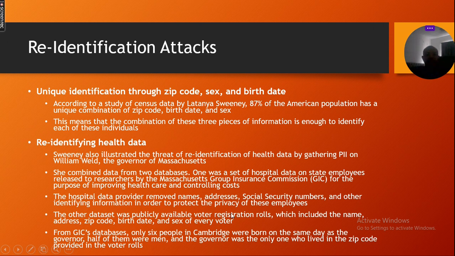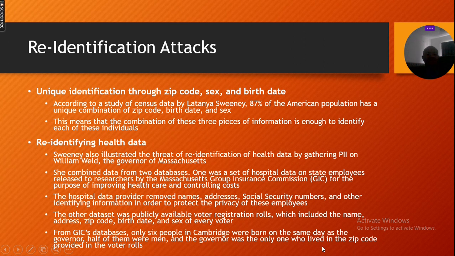The hospital data provider removed the names, addresses, social security numbers, and other identifying information in order to protect the privacy of these employees. They removed their names, their addresses, their social security numbers, and anything like the zip code that may be used to trace the owners of this data.